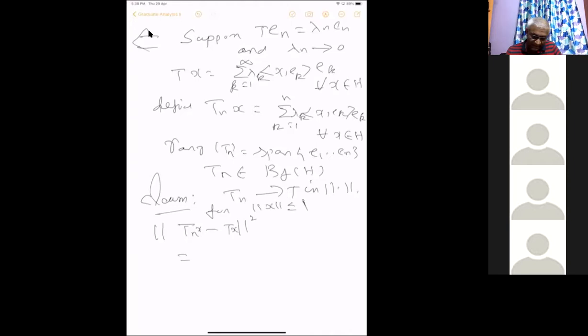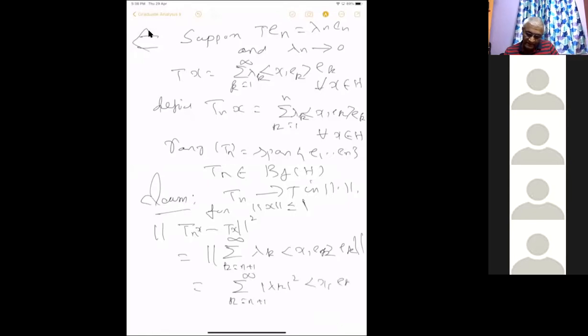So you will get the summation over k equal to n plus 1 to infinity of lambda_k times the inner product of x with e_k times e_k. You can take the norm inside with the square because it's an orthogonal sum. This is of course equal to the summation of mod lambda_k squared, k equal to n plus 1 to infinity, times mod of the inner product of x with e_k squared, right?